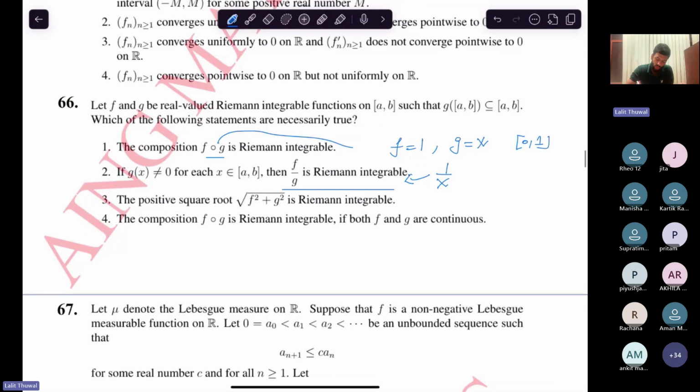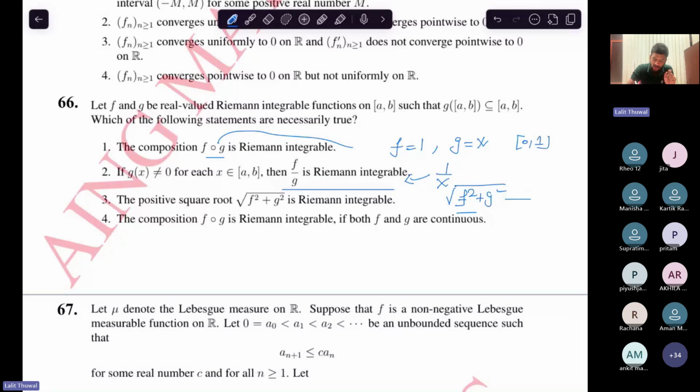The positive square root. See, you have f square plus g square is Riemann integrable, right? So it means it has discontinuities in a set which has measure 0. But if you take the square root, the set of discontinuities of this function can be at most a set of 0 measure, right?